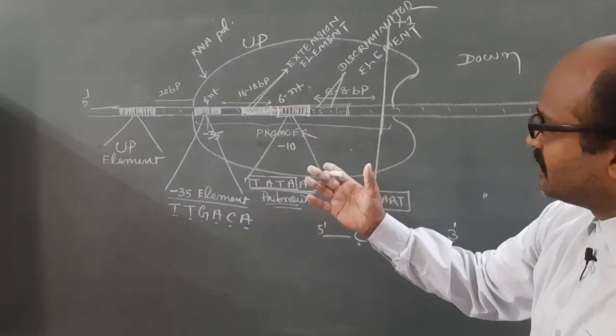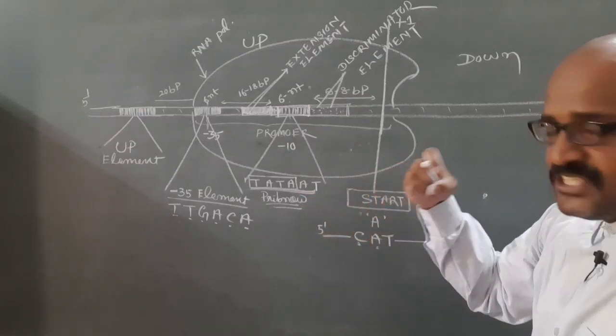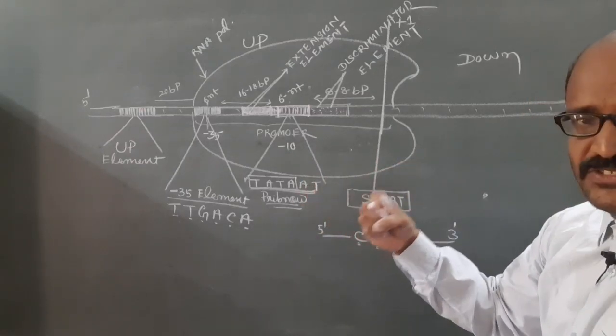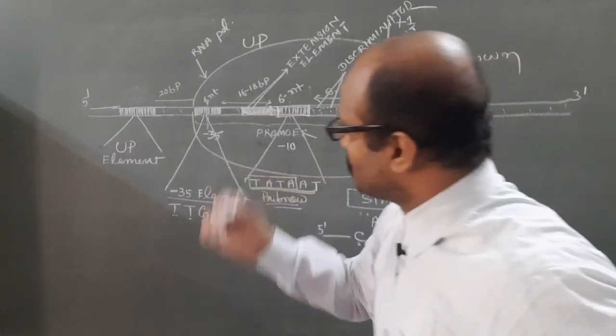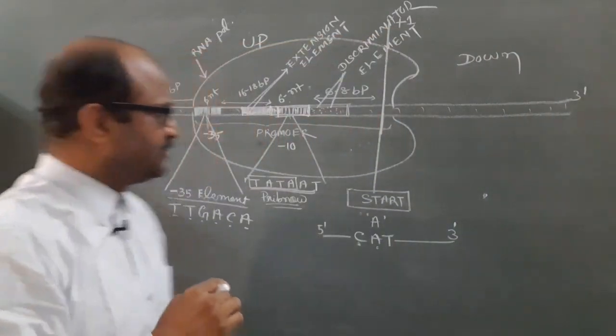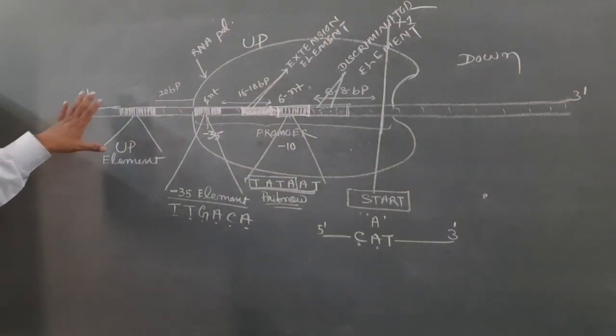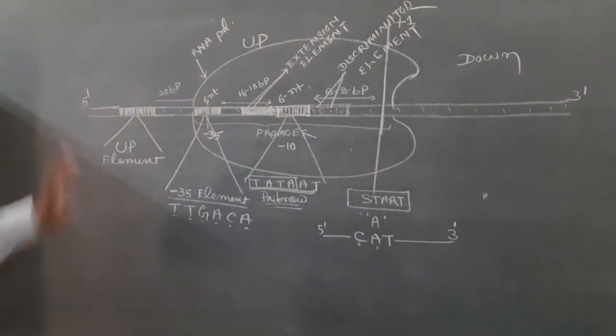They provide the efficiency of the promoter, which is known as the up element. Okay. So these are the different components of the promoter region.